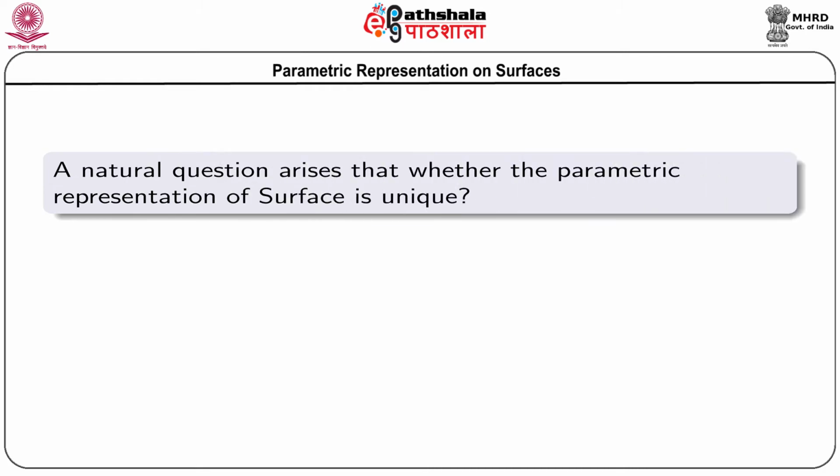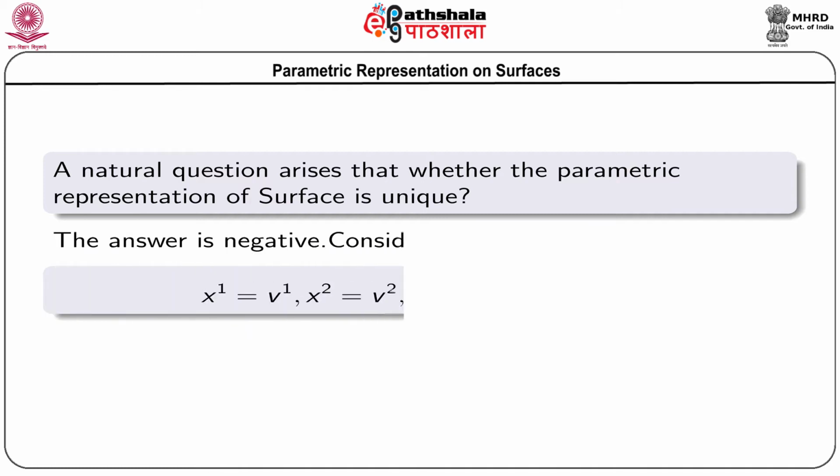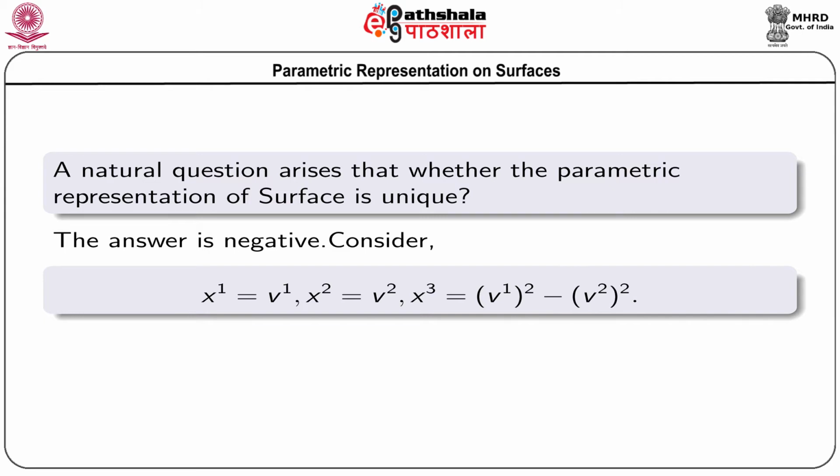Now, a natural question arises whether the parametric representation of a surface is unique. The answer is negative. Let us consider the surface which is represented by the equation x1 equal to V1, x2 equal to V2 and x3 equal to V1 square minus V2 square.